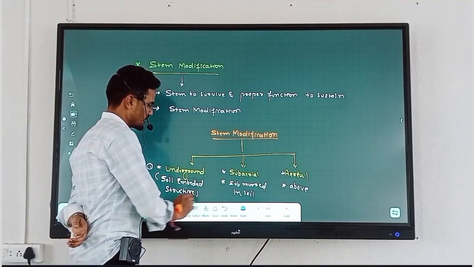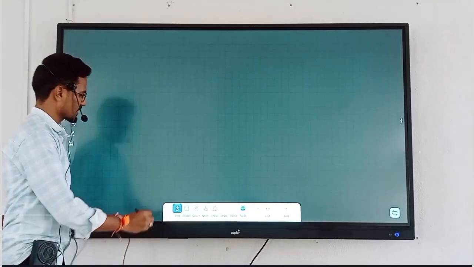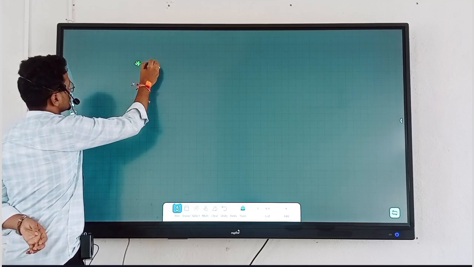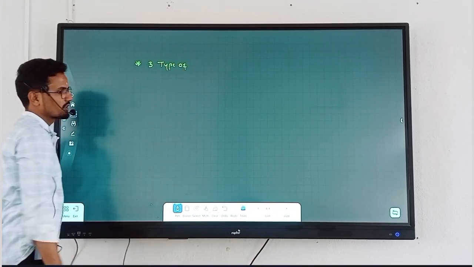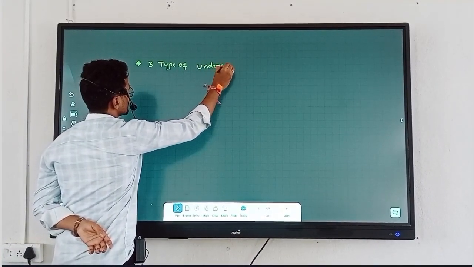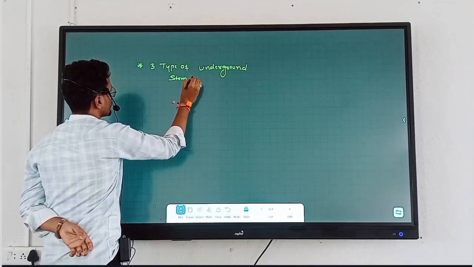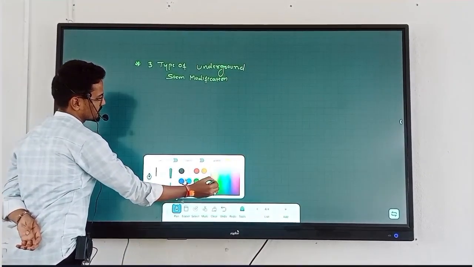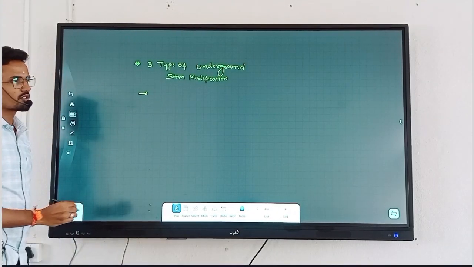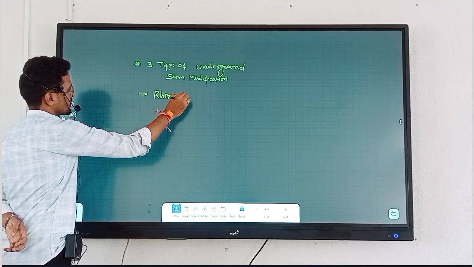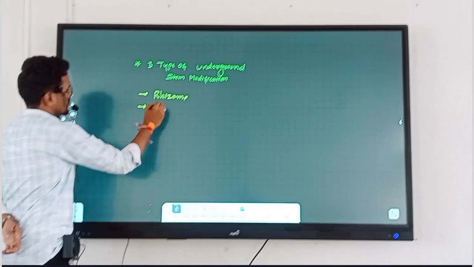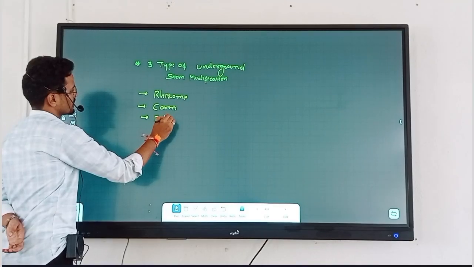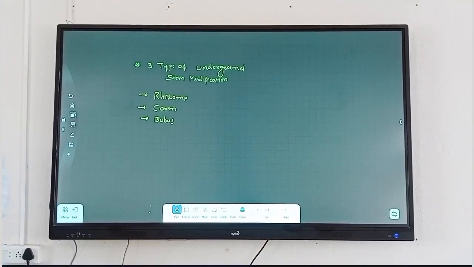In underground stem modification, there are three types of structures, which you can remember like this: rhizome, corm, and bulb. These three types of stem modification are there.